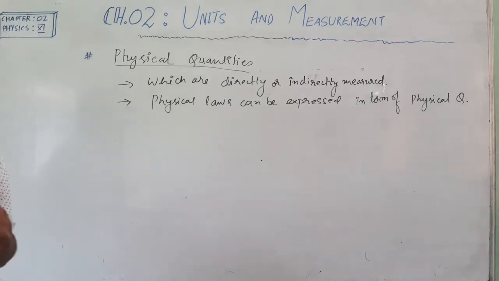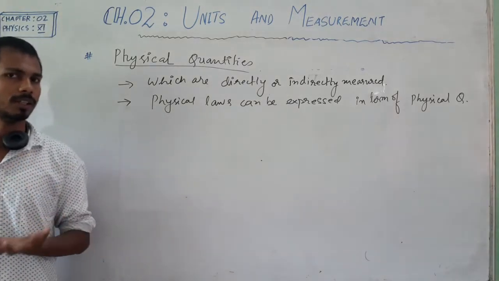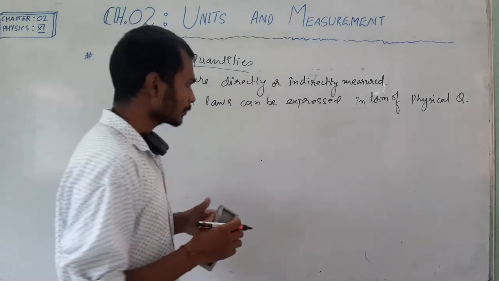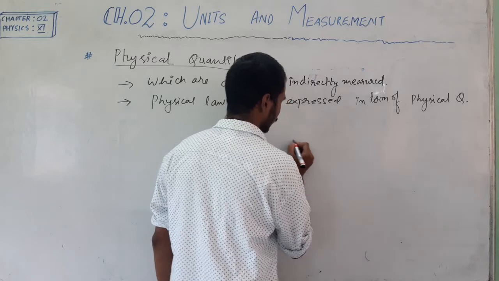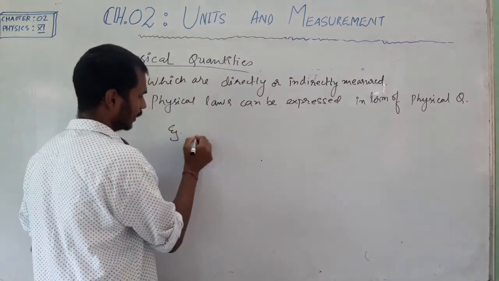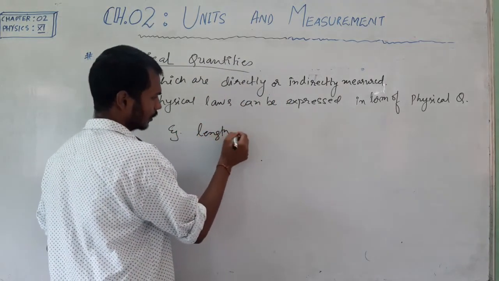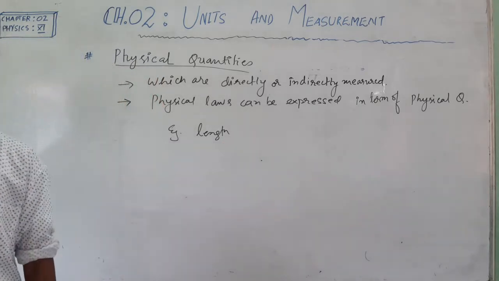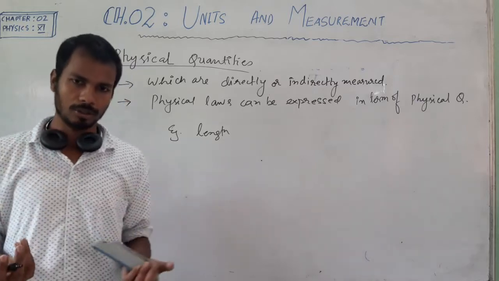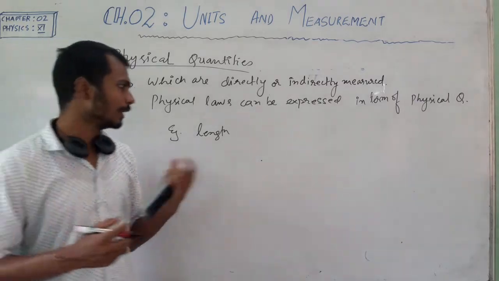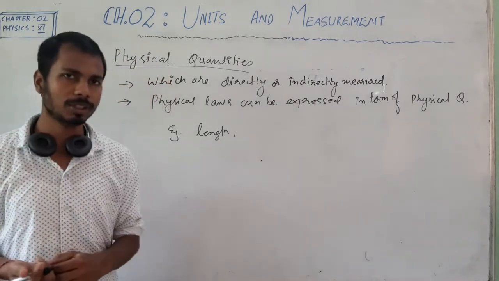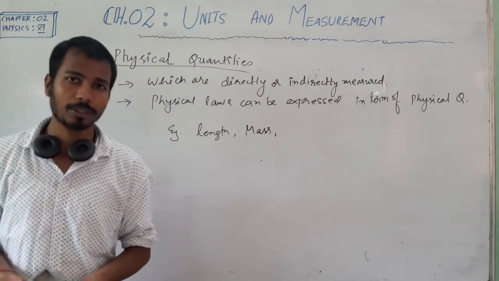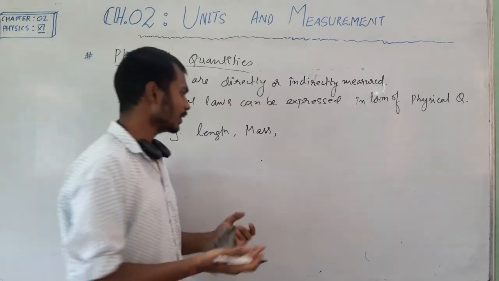For example, length: you can use a meter scale or a measuring tape to measure the length of a given wire, rod, anything. So length is a physical quantity. At the same time, mass is also a physical quantity. It can be measured.